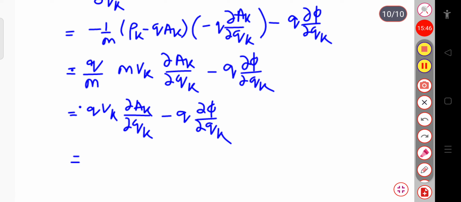Here you can see the difference between q and qk. This q represents the charged particle, but qk is the generalized coordinate: q1, q2, q3 and so on. So here we can write this as q ∇(v·A) minus q ∇φ. So this is the value of pk dot.